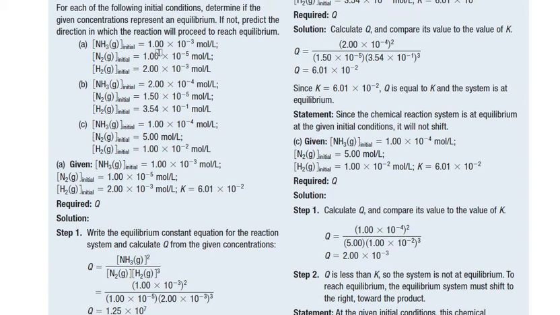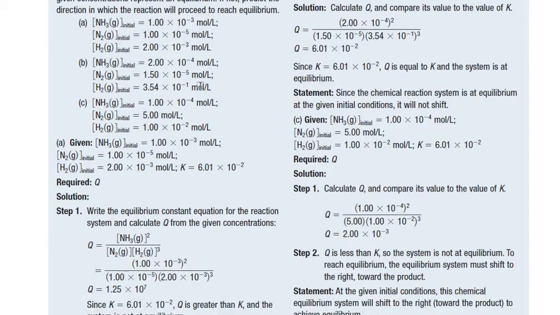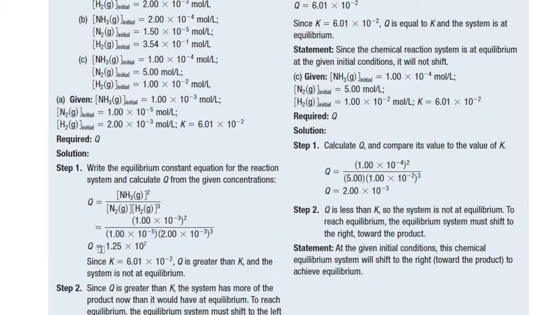Then we substitute all these concentrations: 1 times 10 to the power of negative 3, 1 times 10 to the power of negative 5, and 2 times 10 to the power of negative 3. We substitute everything, and Q will be 1.25 times 10 to the power of 7.